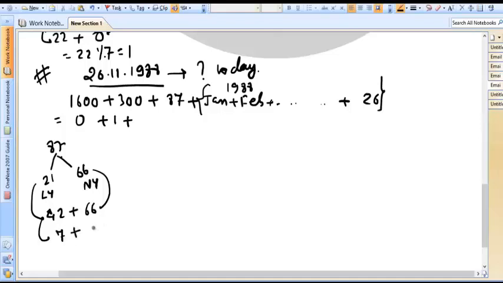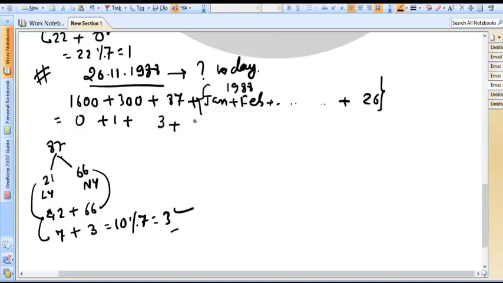This will become 3. 7 plus 3 is 10. Again I divide by 7, I get 3. So 87 years will have 3 odd days. You can see how I got 20, 21. 4 twos are 8, 4 ones are 4, right? So I get 21. The difference of 87 and 21 is 66. So I can solve this to get this 3. So I better write this 3 here.